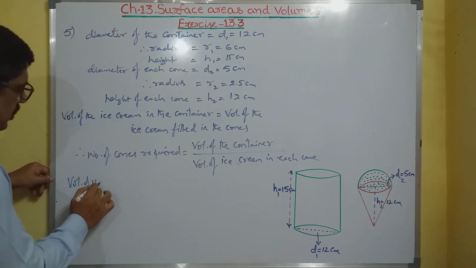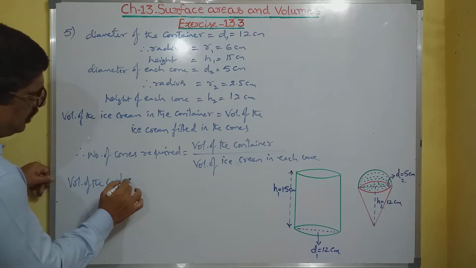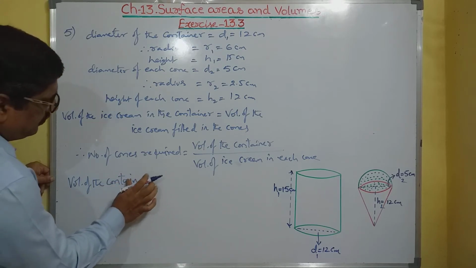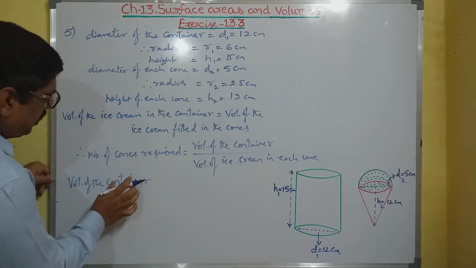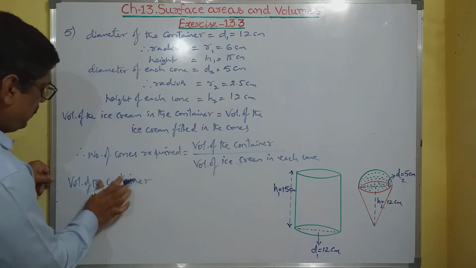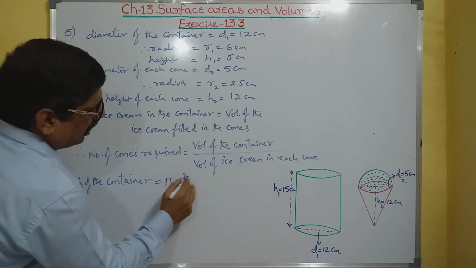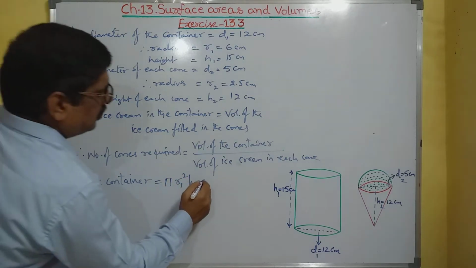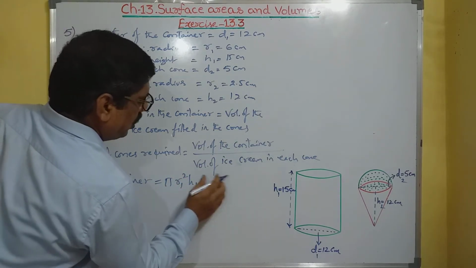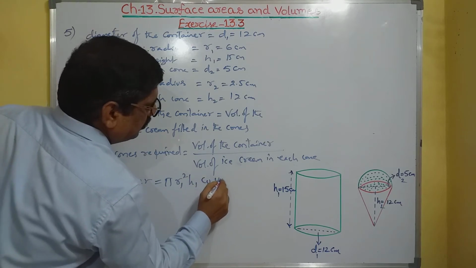Okay. Now, let us find the volume of the container. What is the shape of the container? The shape of the container is a cylinder. So it is equal to pi r square h cubic units.